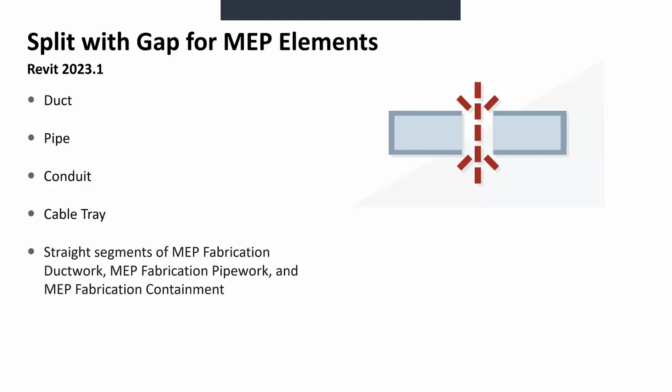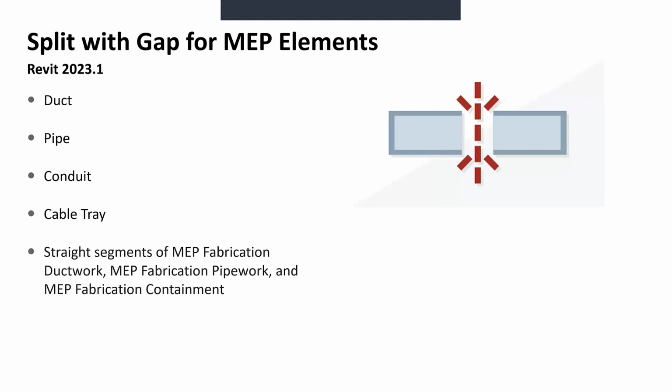You can now use split with gap, set the spacing, and put that gap in your duct. You can drop that duct and connect it up, as opposed to splitting, clicking on one space, clicking on another space, and then deleting that middle piece. Now it's just split with gap, move it to where you need it, and reconnect it.